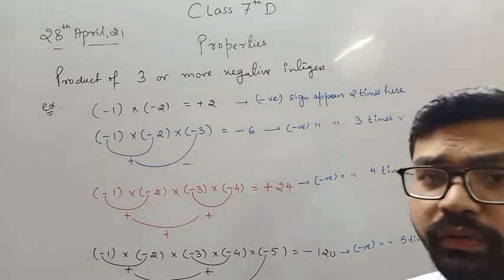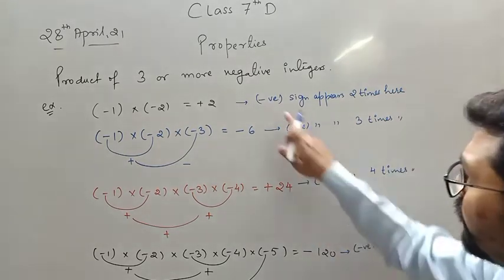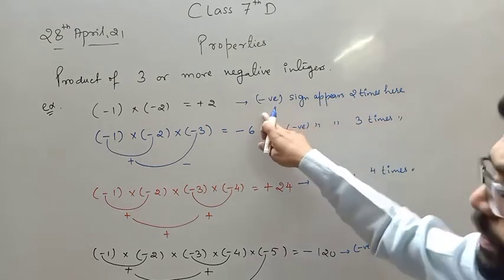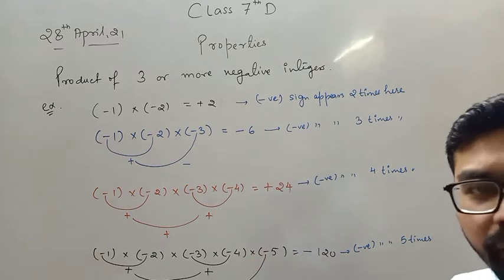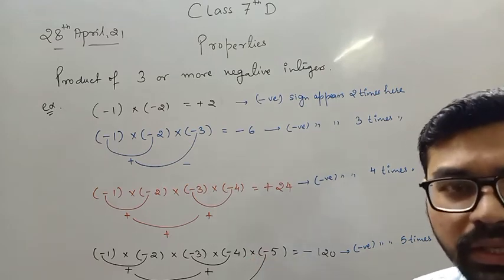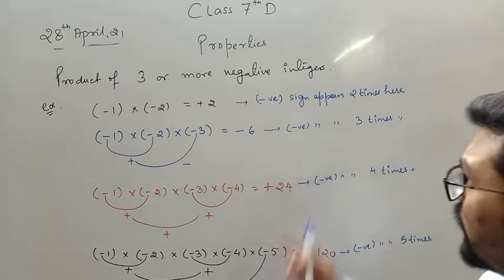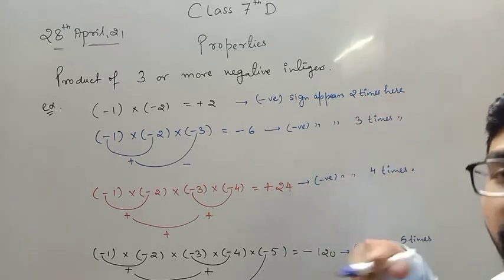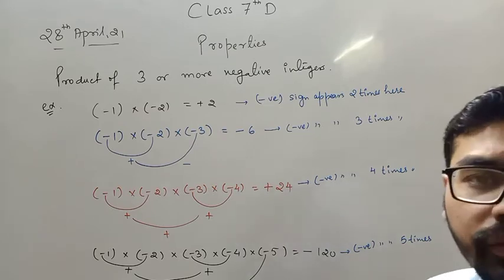So what observation you can conclude here is, whenever the negative sign appears in even terms, right? I think the concept of even and odd is clear to you all. Even means a multiple of 2, and odd is not a multiple of 2.